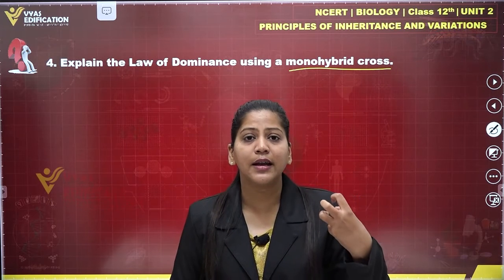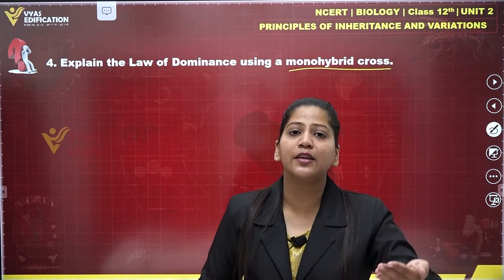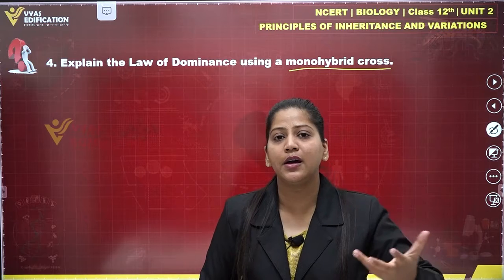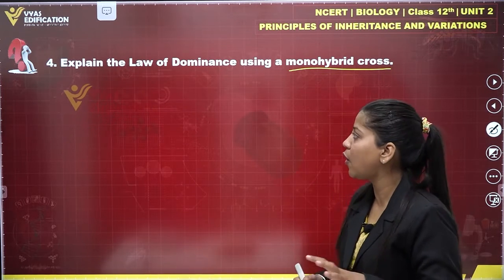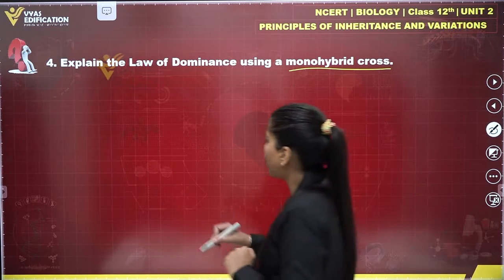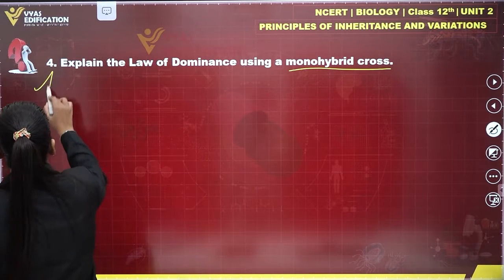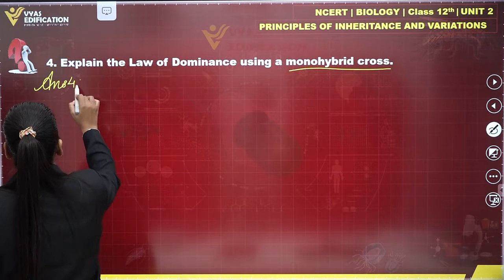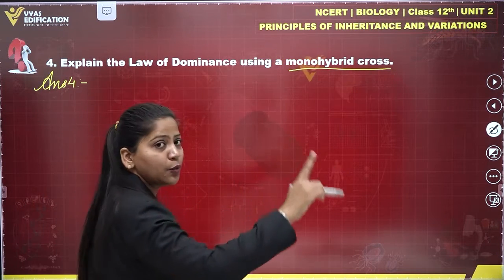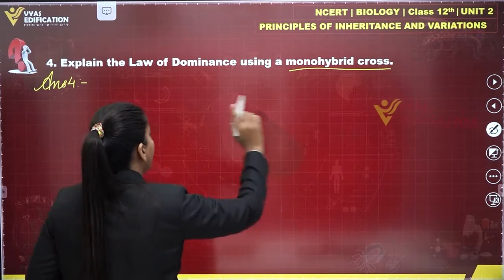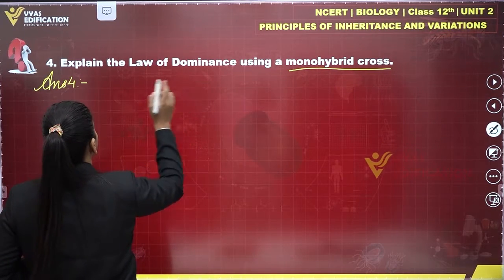So this recessive allele expresses itself in the F2 generation. This is the law of dominance with the help of a monohybrid cross, and we are going to write the law of dominance, and we will also make a monohybrid cross to explain the law of dominance.